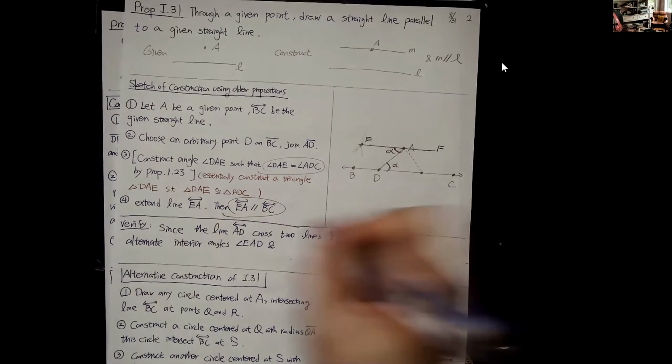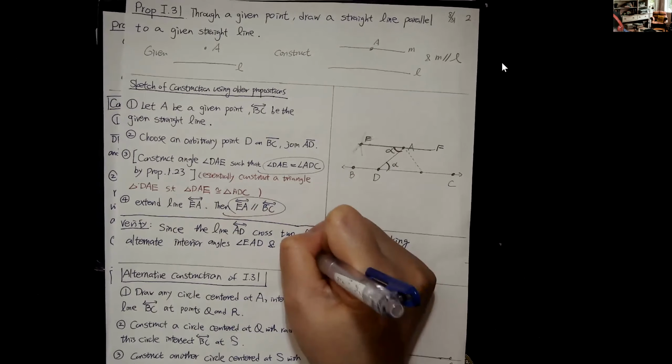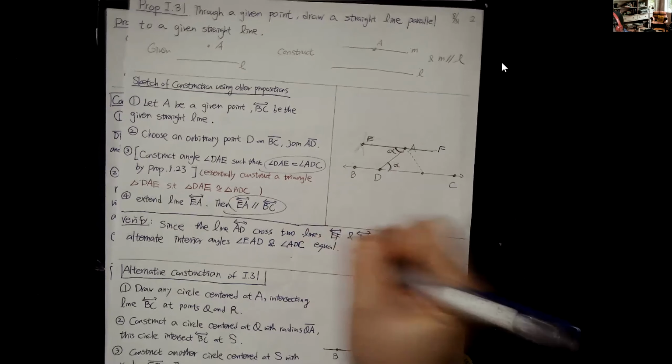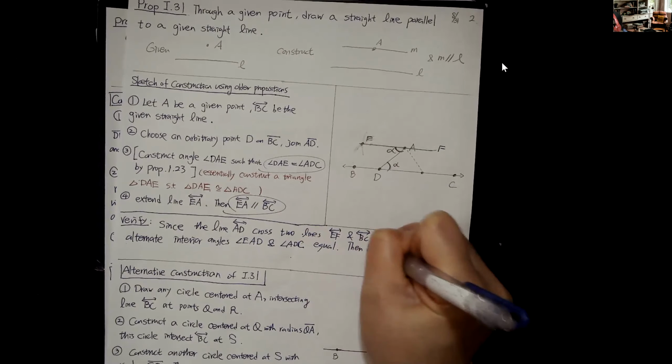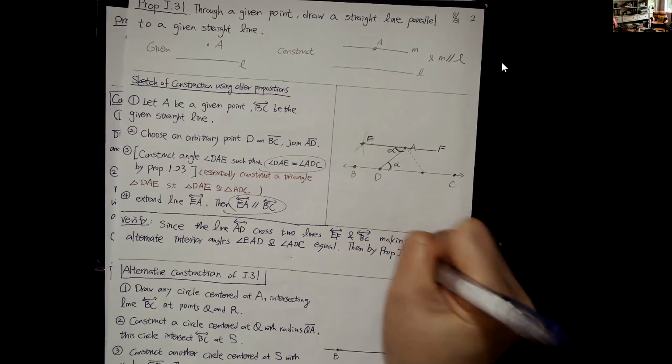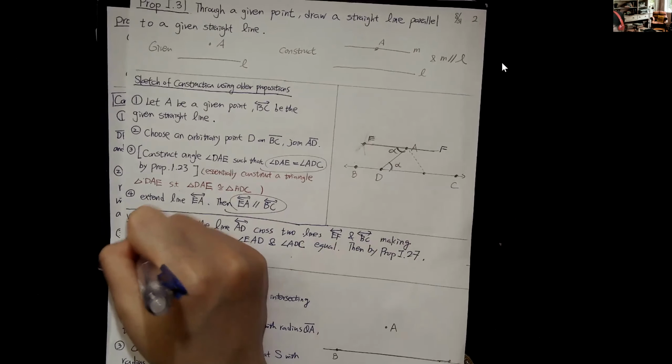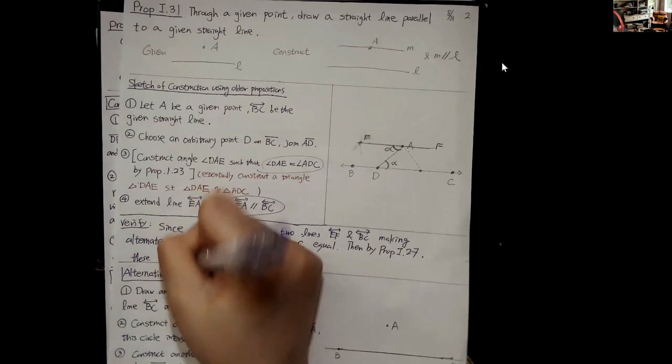So EAD and ADC are equal, right? Then by proposition 1.27, these two lines are parallel.